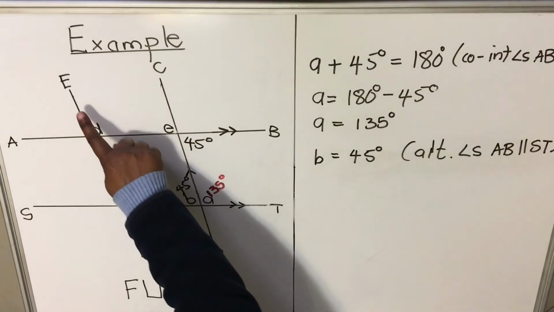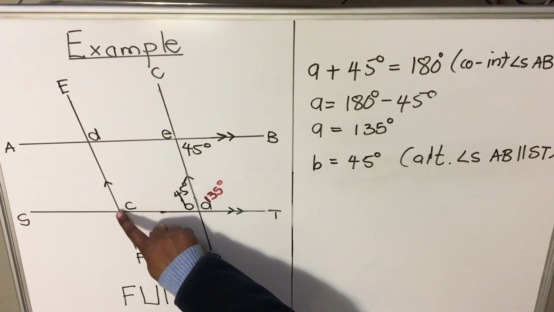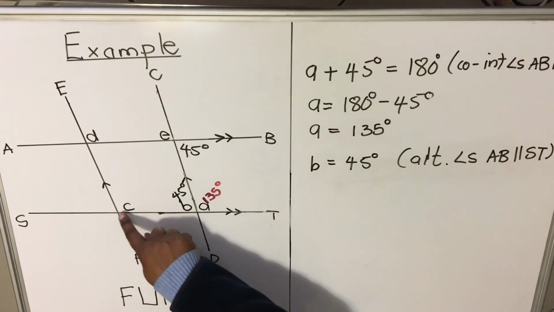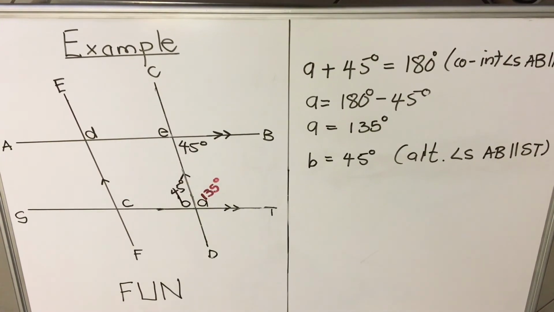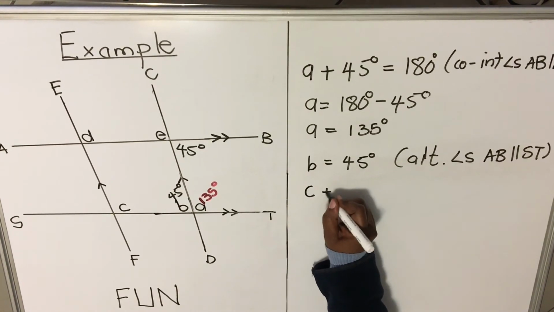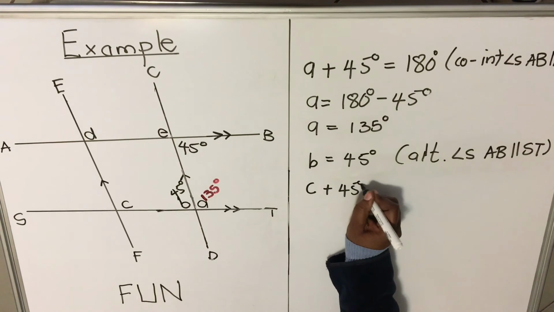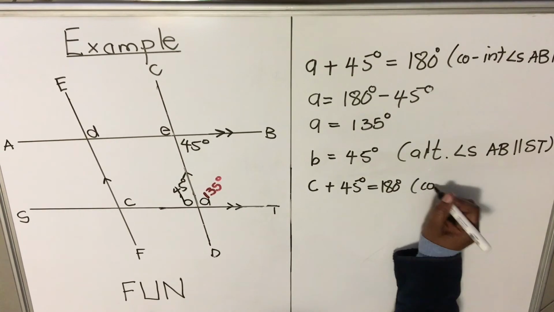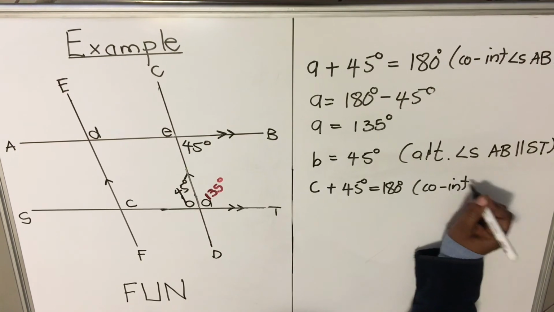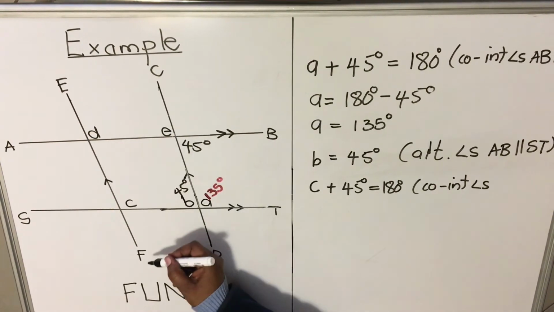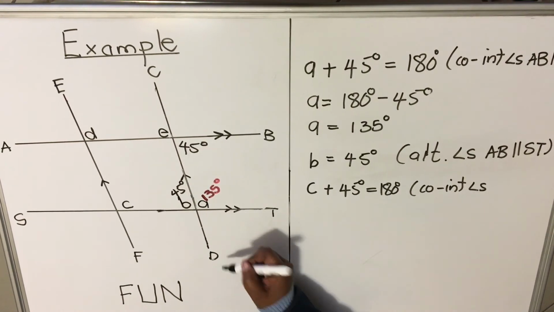Now, when you look at this one, when you look at E, F, and C, E, we have co-interior angles here. So, angle C plus 45 degrees is equal to 180. And your reason, co-interior angles. But which parallel lines are you using now? EF and CD.